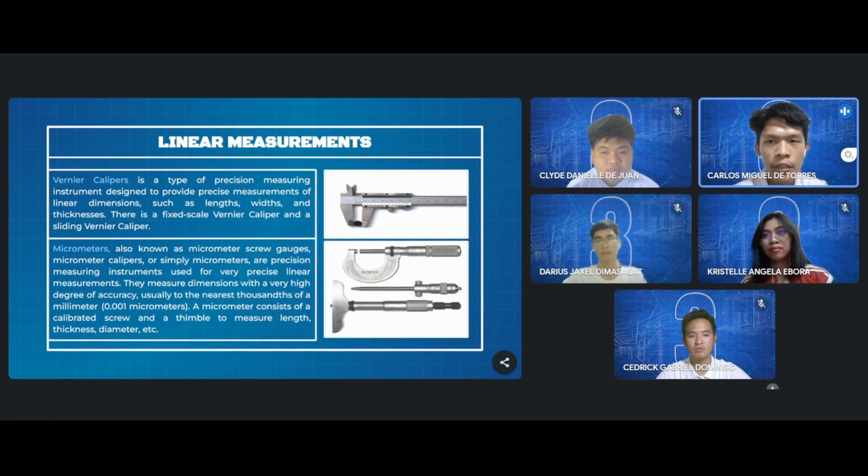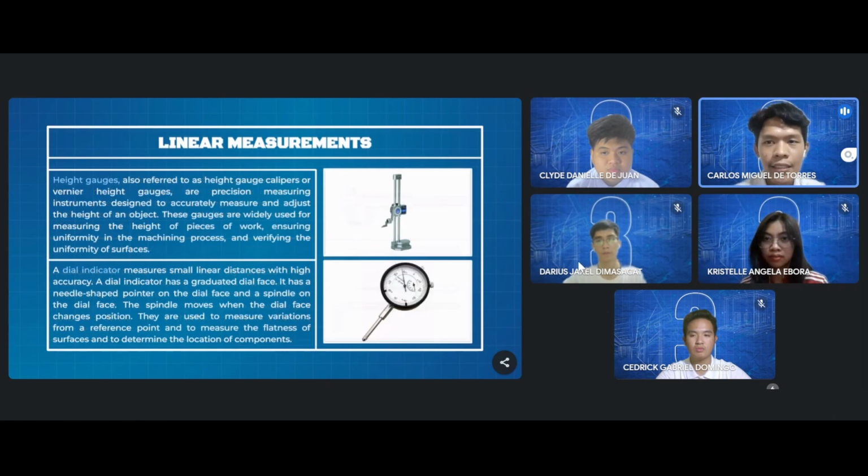They are precision measuring instruments used for very precise linear measurements, often to the nearest thousandths of a millimeter or 10,000ths of a centimeter. Next is height gauges. Height gauges, also known as height gauge calipers or vernier height gauges, are precise measuring instruments used to accurately measure and adjust the height of an object.